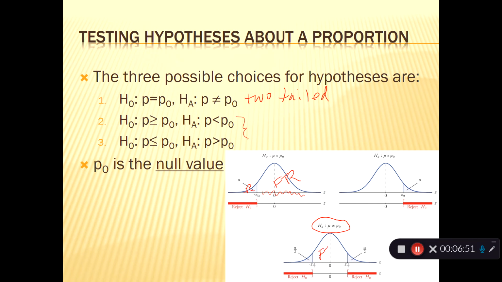My fail to reject region is in the middle. So if I end up with a z value in here, then I fail to reject, and my probability will be bigger than the alpha. But if I'm over here or over here, then I'm in the reject the null hypothesis region, and the p value that I get back for probability will be less than the alpha value.